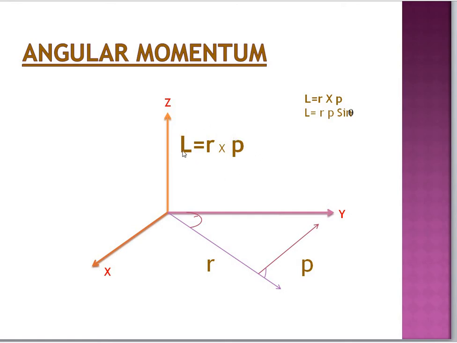So angular momentum is a vector, displacement is a vector, and p for linear momentum is also a vector. So r cross p. This r cross is known as moment of. So angular momentum is moment of linear momentum. That is L is equal to r cross p. p is nothing but linear momentum. Its magnitude is m into v.